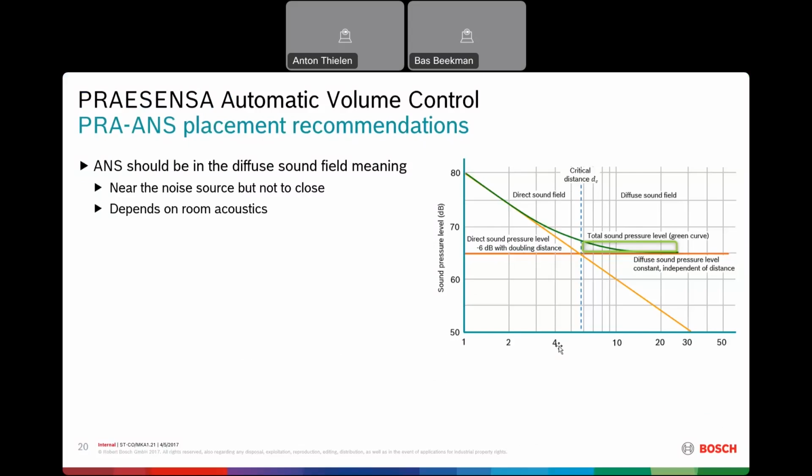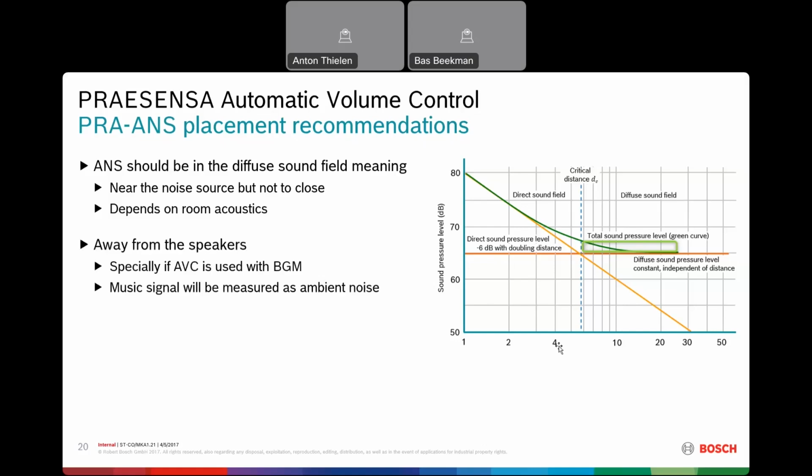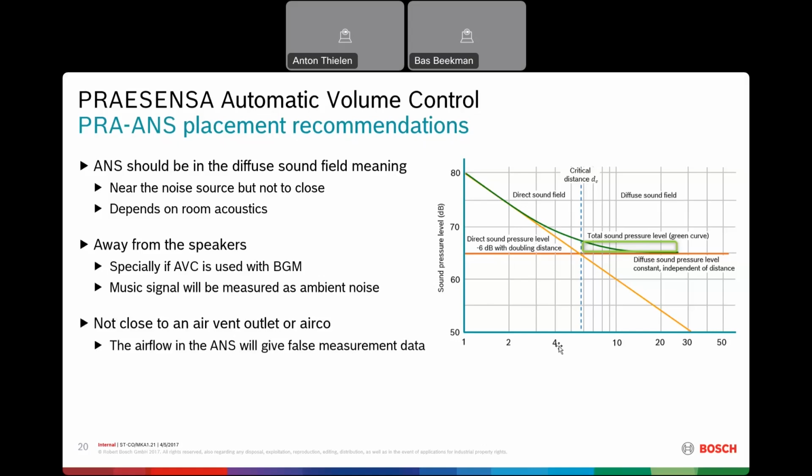From the critical distance onwards, you could position your noise sensor. So away from the direct speakers, and especially when it is also used to adjust background music, you should be in the diffuse sound field, not in the direct sound field, because the music signal will be measured as ambient noise. That's something you need to keep in mind.